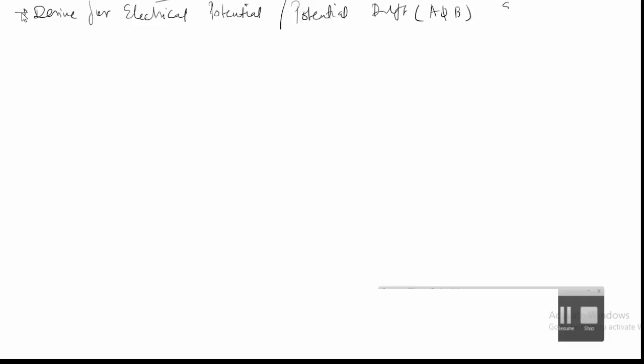So this is the next equation, and we will derive the equation for the electrical potential, or potential difference, between two points A and B in an electrical field.